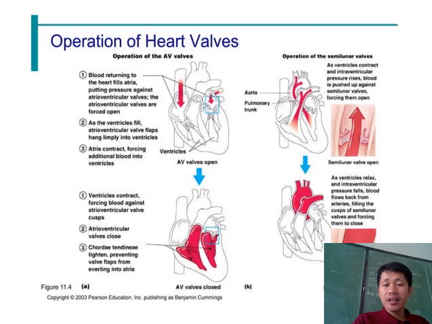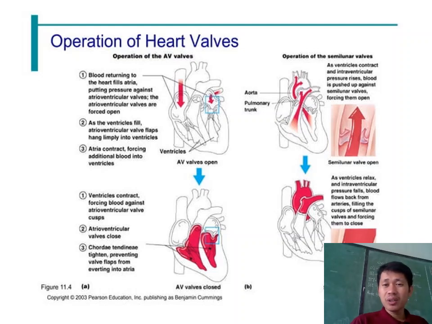Here in this diagram, class, it's the same as the previous one, but with the addition of the role played by the valves. Every time the blood moves from the atria to the ventricle, the valves open up and then close to prevent the blood from flowing back.